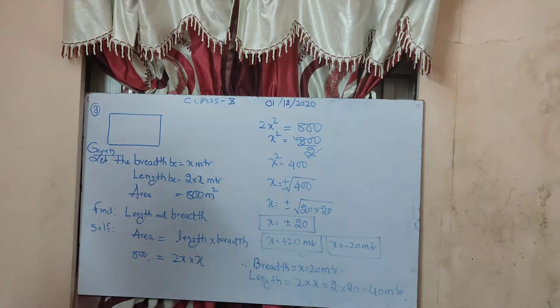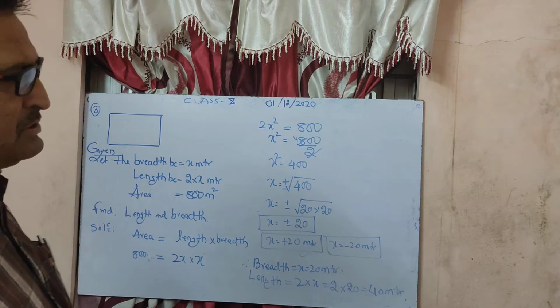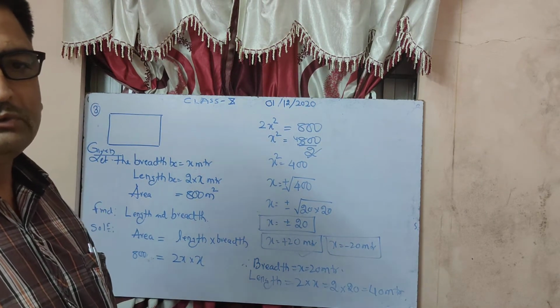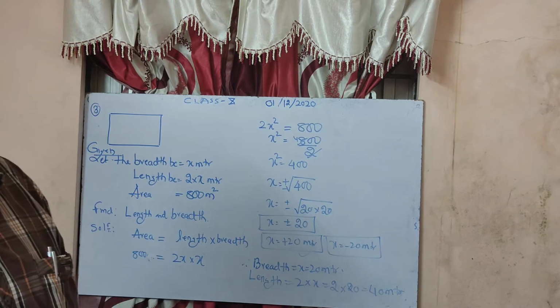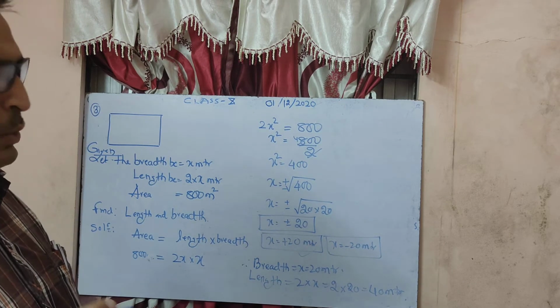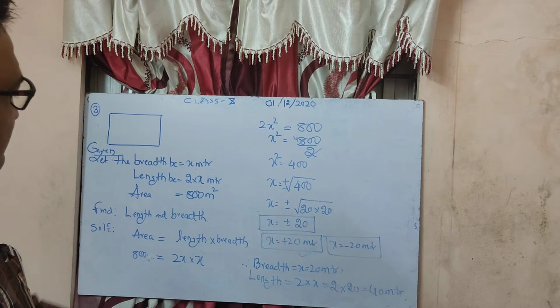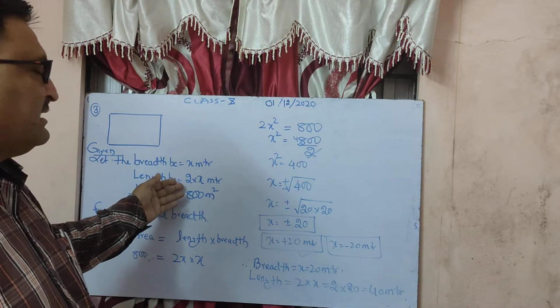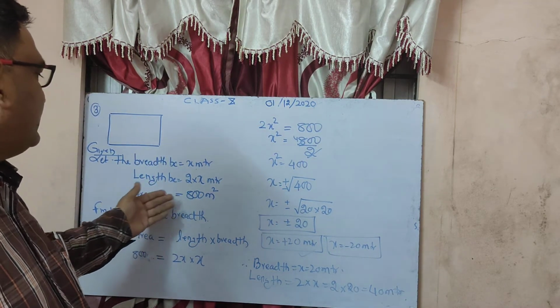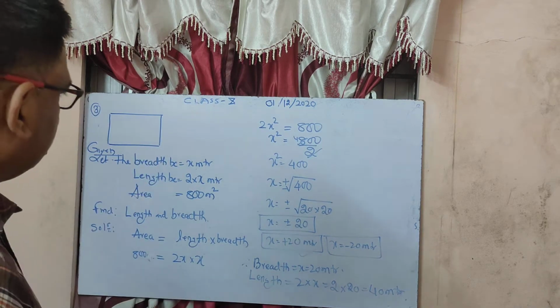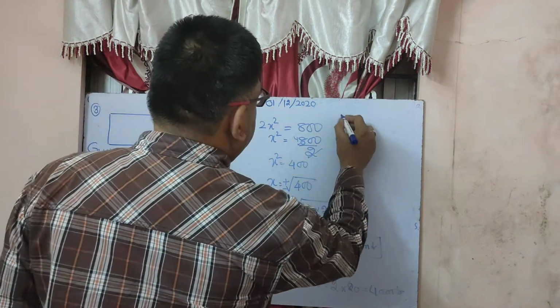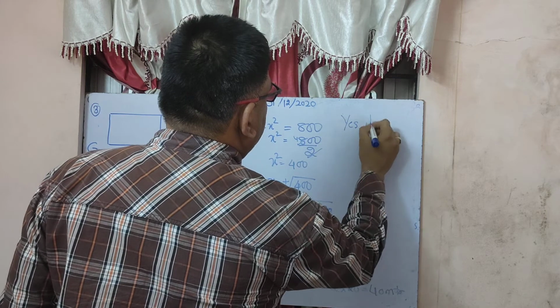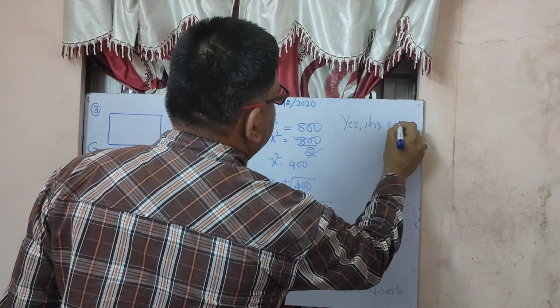So in the end, you have to write, yes, it is possible to design a rectangular mango grove whose length and breadth are this and this, and the area is this much. Yes, it is possible.